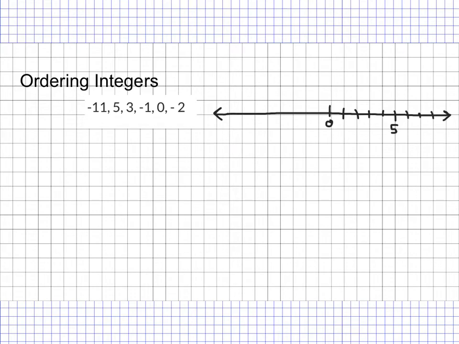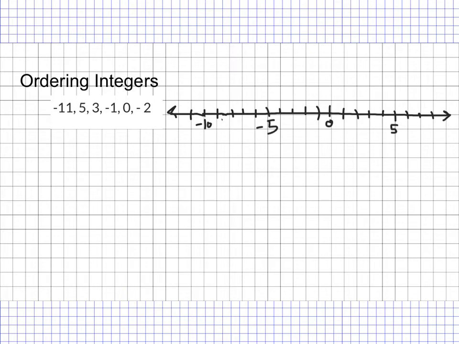So I numbered out to where 8 would be. And then I'm going to do the same thing backwards. -1, -2, -3, -4, -5, -6, -7, -8. And now that I have my numbers labeled, I'm going to go ahead and just put down some dots where I think my values go.